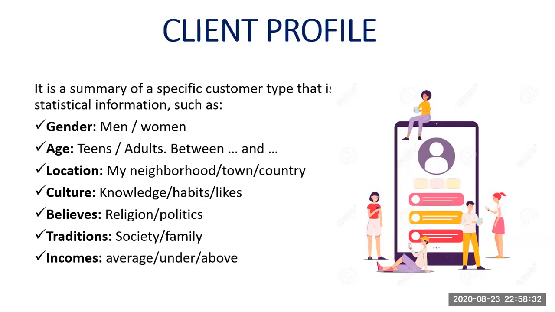For example, for children between 4 and 11, or maybe adults between 60 and 70 years old, or maybe young adults between 18 and 26. So you can be that specific too. So think about that. Your product is for men and women, for teens, adults, or you want to be more specific with the age.